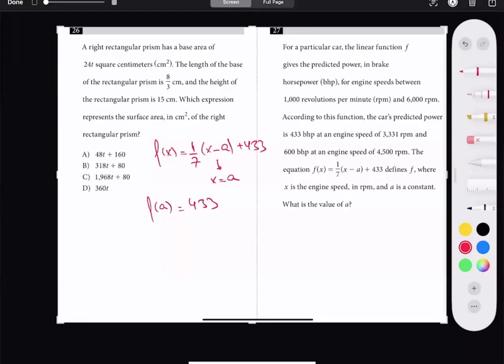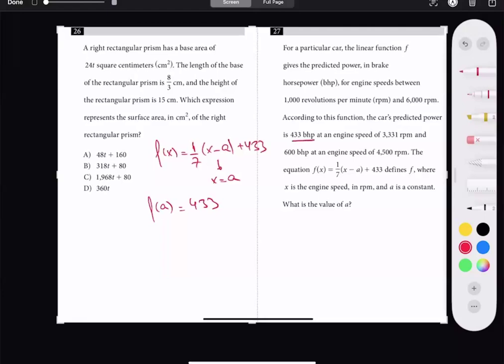Do you agree? Okay. So since the problem tells us the power is 433 bhp at 3331 rpm, it's right in the question, immediately. Is that okay? I'll give you a hint.